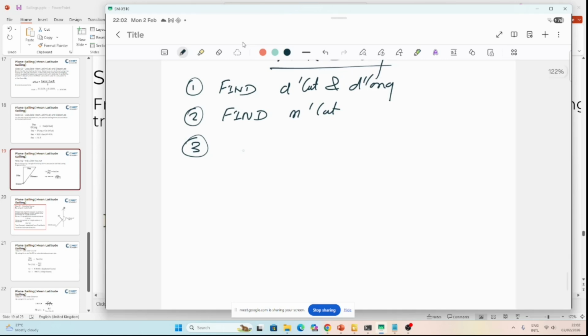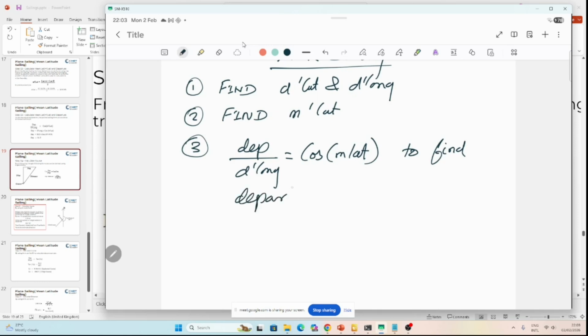After you find the mean latitude, what is your third step? You can use the formula departure divided by d long equals cos mean lat, to find departure.